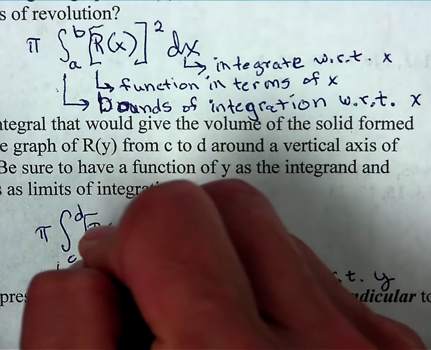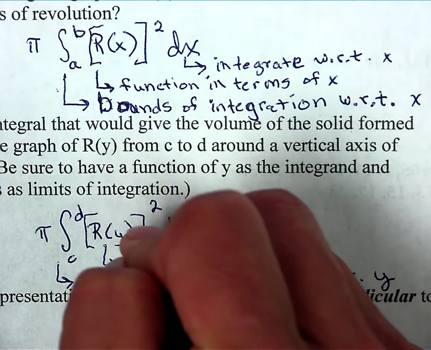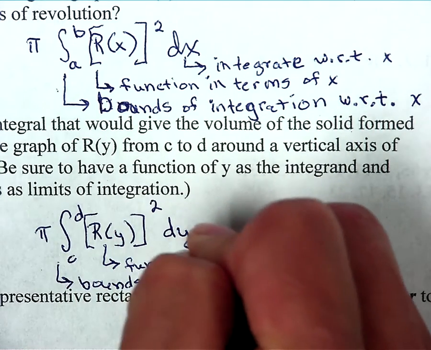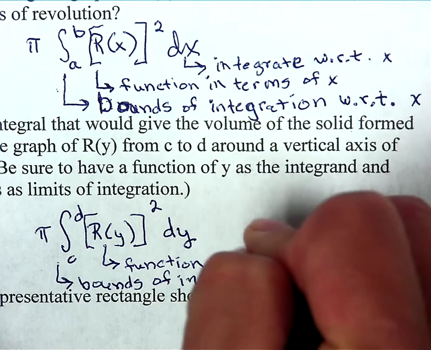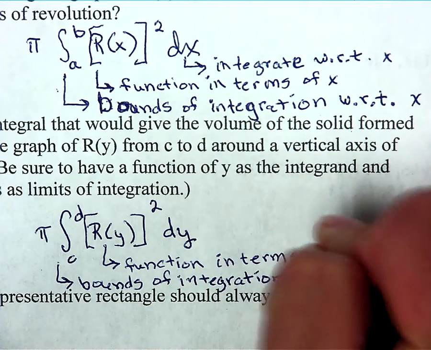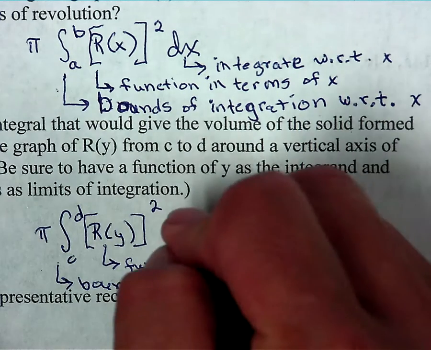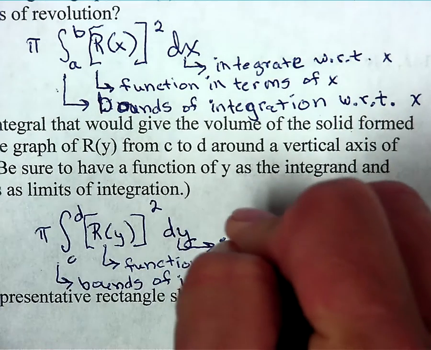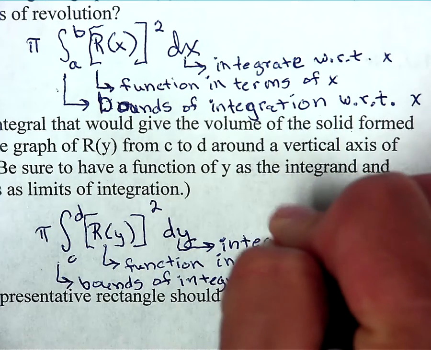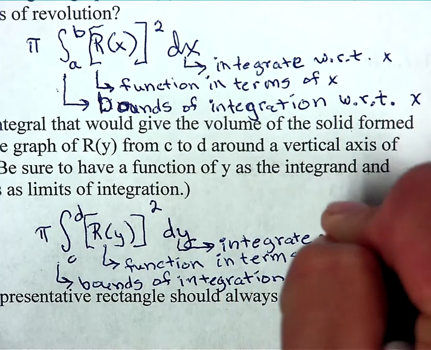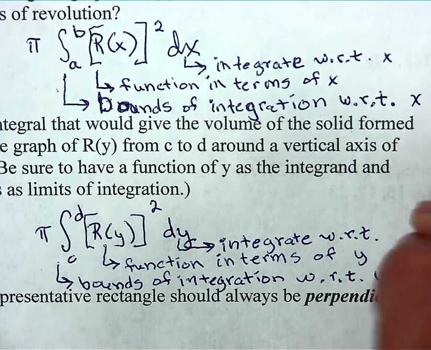My function has to be in terms of y, which means instead of y equals x squared, it'll be x equals y squared. And then I integrate with respect to y.